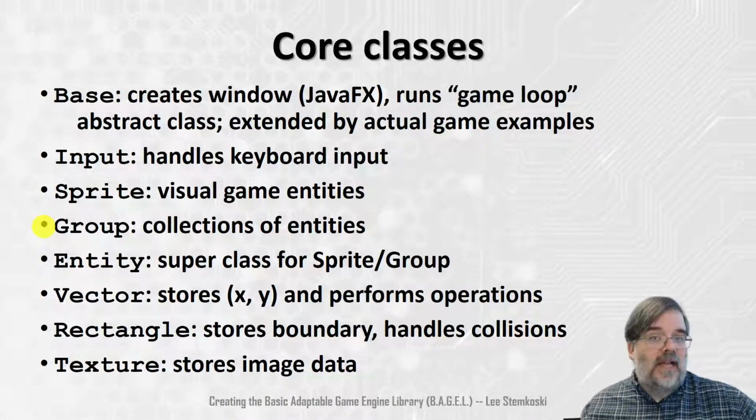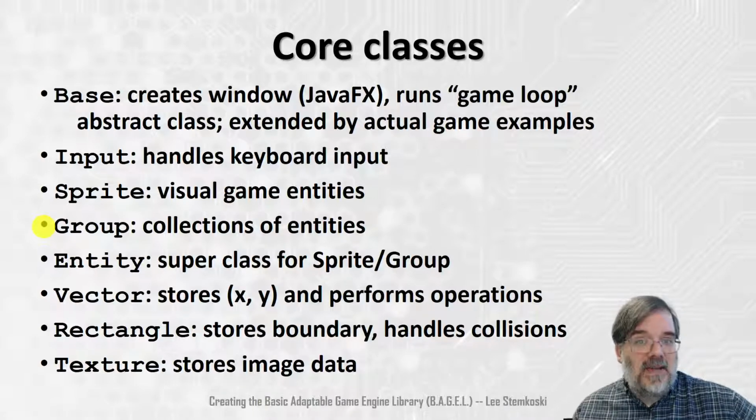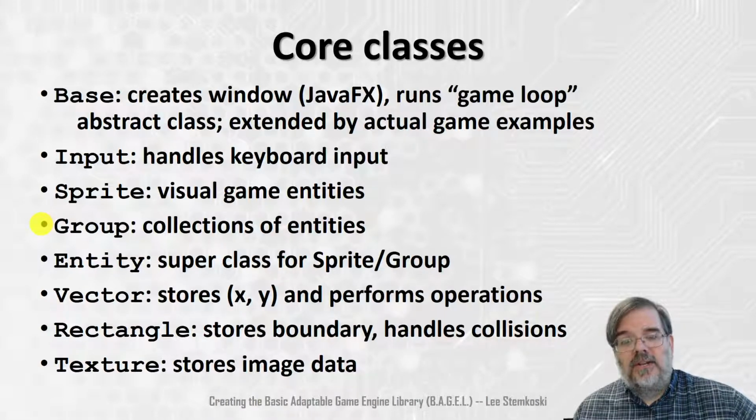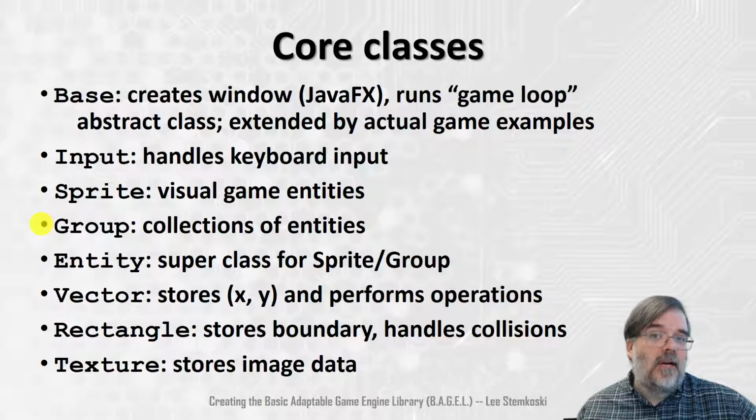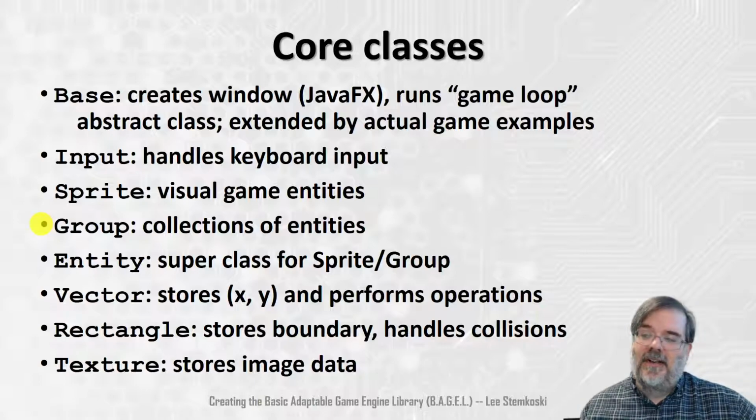The group class will handle collections of these game entities. In this first example, we have one background, one player character controlled, and one object to collect. But in more advanced versions of this game, you might imagine that there's, for example, lots of starfish to collect.